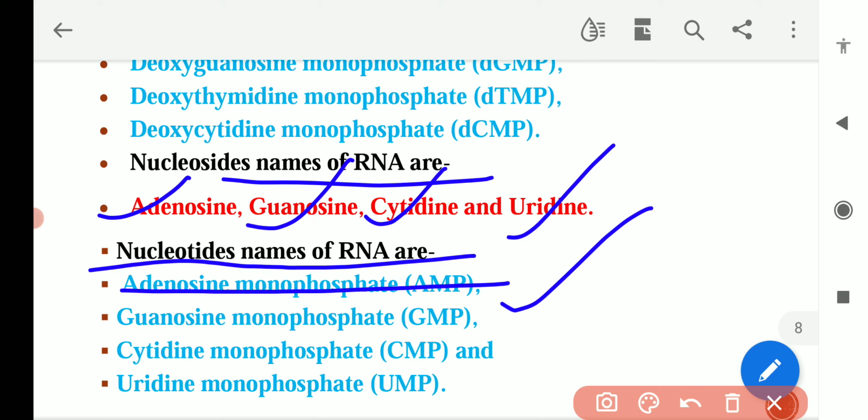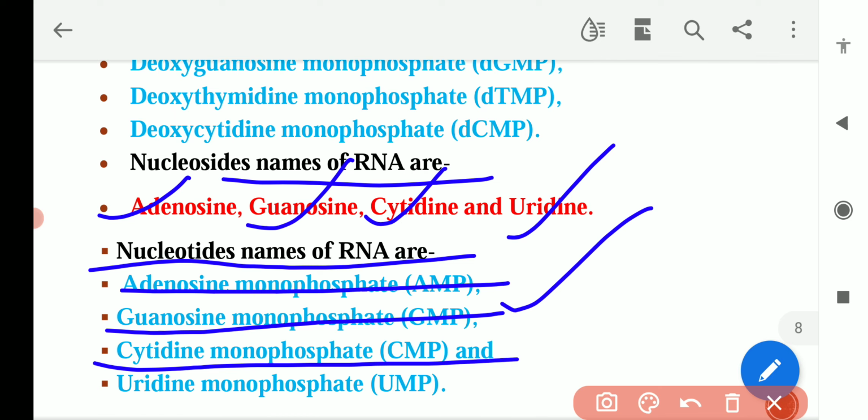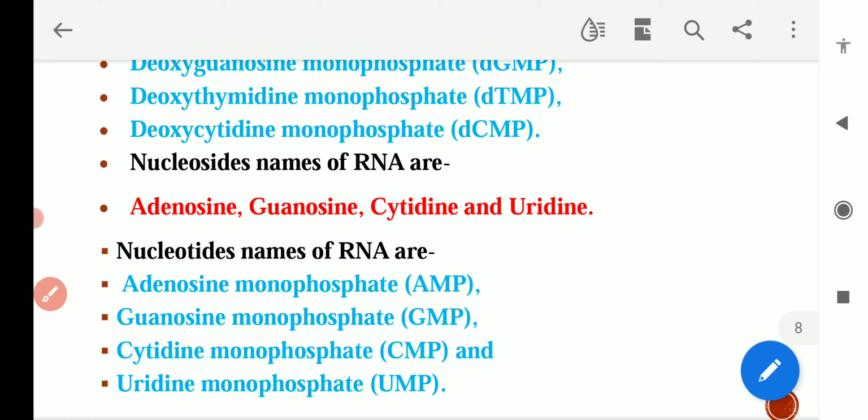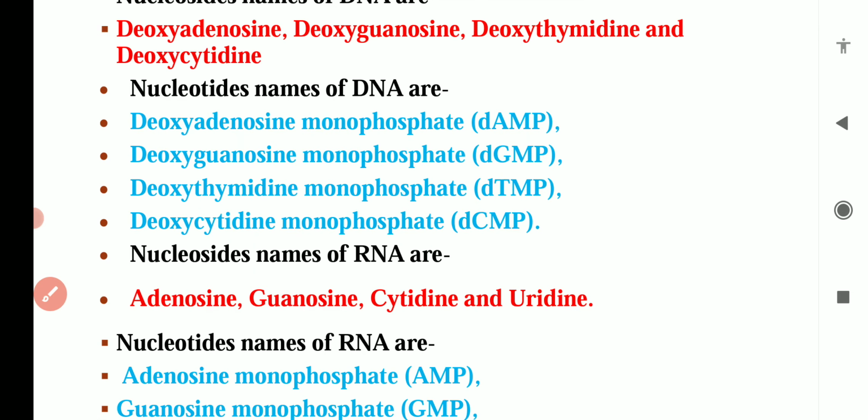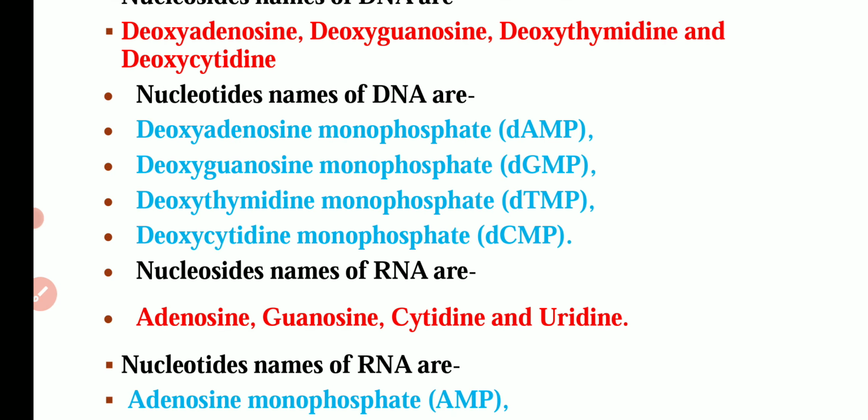Okay, the oxygen molecule is missing. So if guanine is present, then guanosine monophosphate. If cytosine is present, then cytidine monophosphate. If uracil is present, uridine monophosphate. So these are the different names given to the nucleosides as well as nucleotides present in case of DNA and RNA.